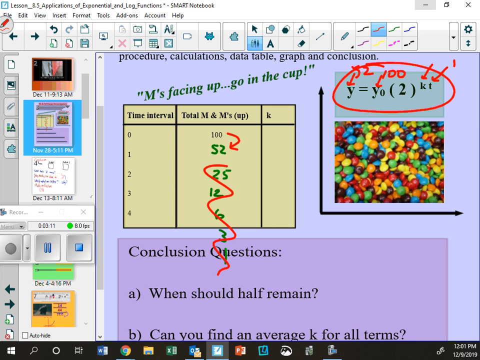Let's say K comes out to negative 2.01, negative 1.99, negative 2.07, negative 1.97. Do you get that they're all hovering around the same thing? That's what's going to happen here.